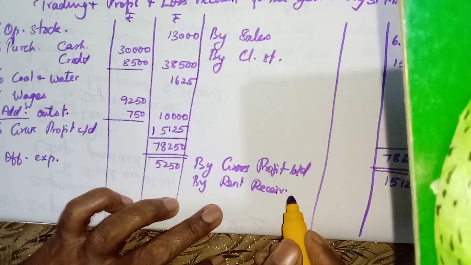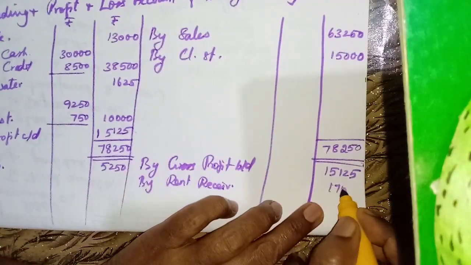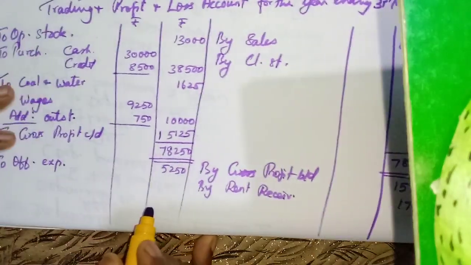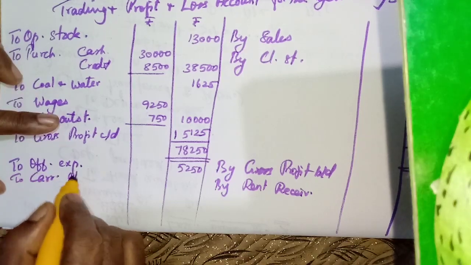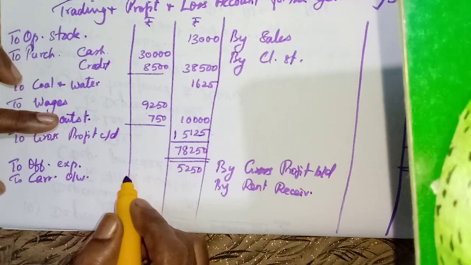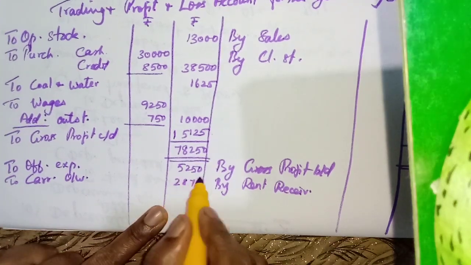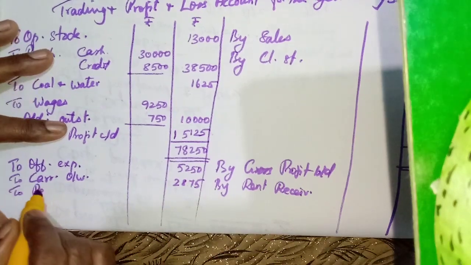Rent received 1,750. Carriage outward also has no adjustment. Carriage outward 2,875.